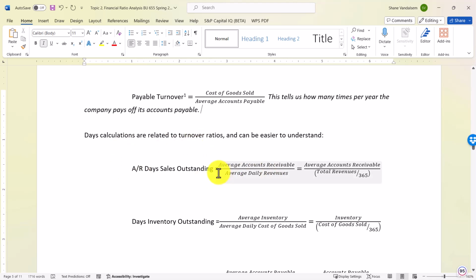AR days sales outstanding, or sometimes you'll just see this as DSO. This is the average accounts payable, or excuse me, receivable. So this is going to be calculated as the receivables at the beginning of the year and the receivables at the end of the year, averaged, divided by the average daily revenues, which is the total revenues divided by 365.